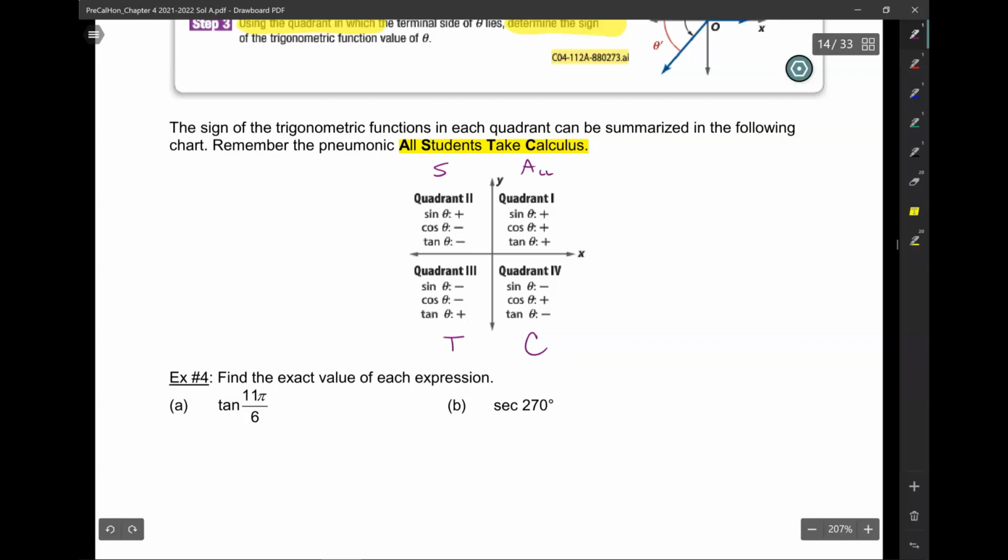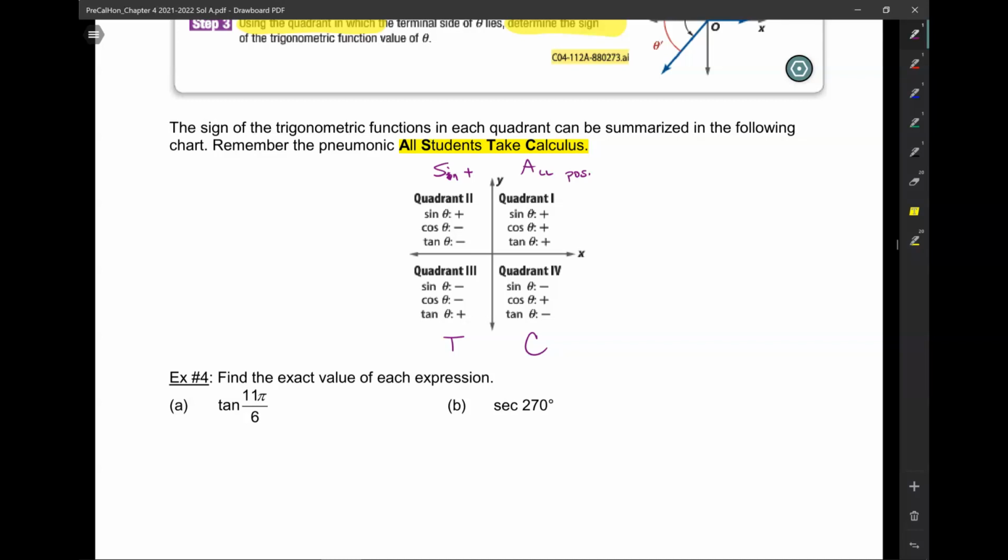A stands for all are positive. S stands for sine is positive. If an angle lies here, the sine of that angle is positive, cosine and tangent are negative.